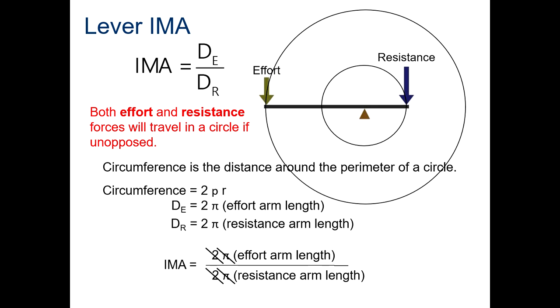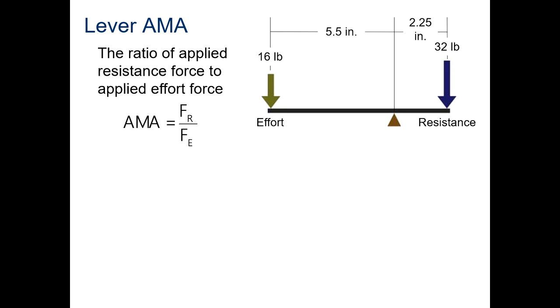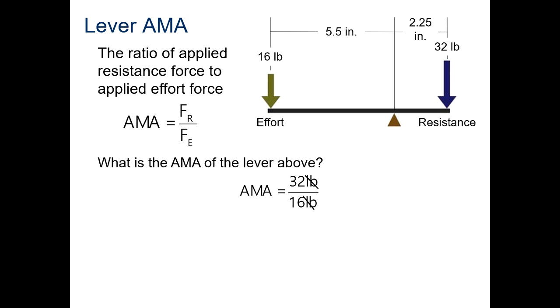So it doesn't matter if we're dealing with a wheel and axle or a lever. The equation's still exactly the same. All right, so to find our actual mechanical advantage, we take our AMA of 32 pounds, that's our resistance, divided by our effort. So it's 2 to 1.